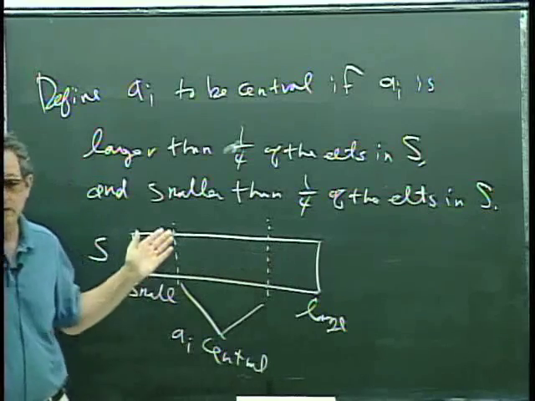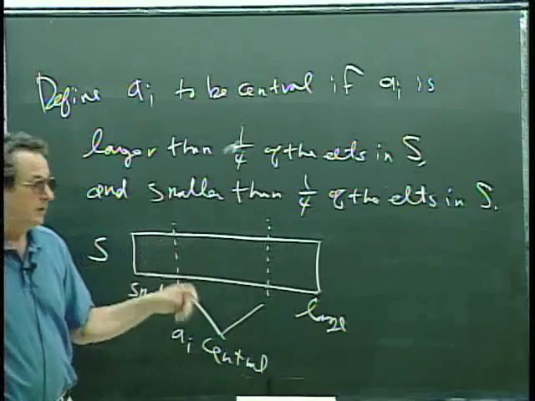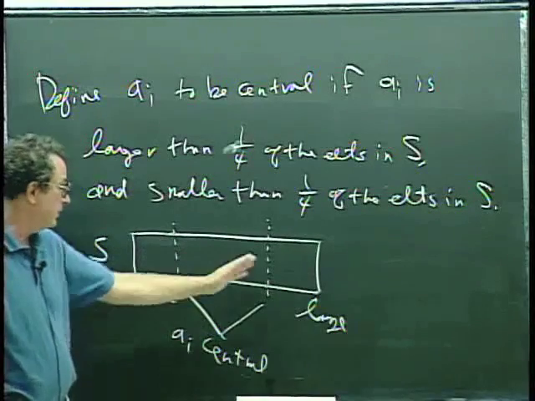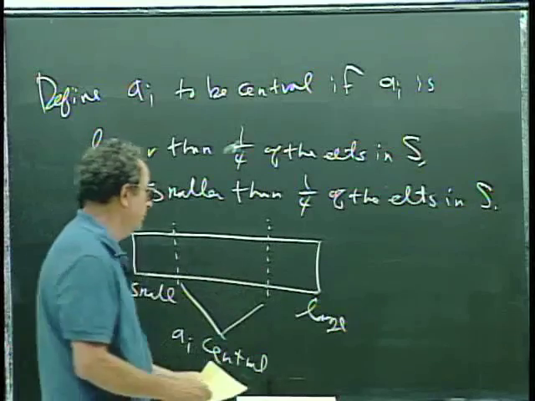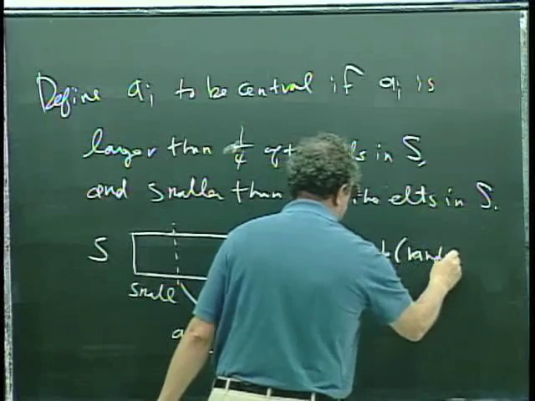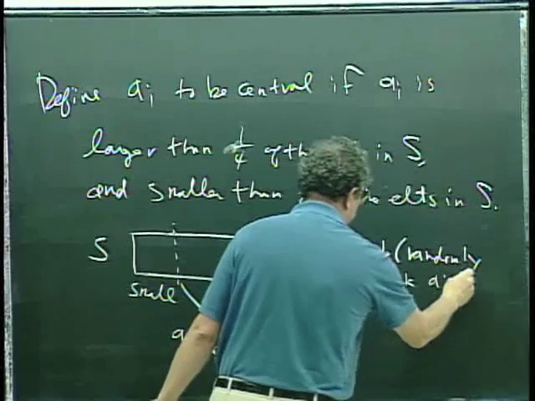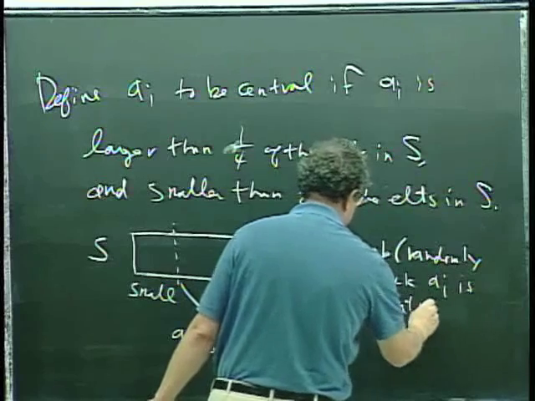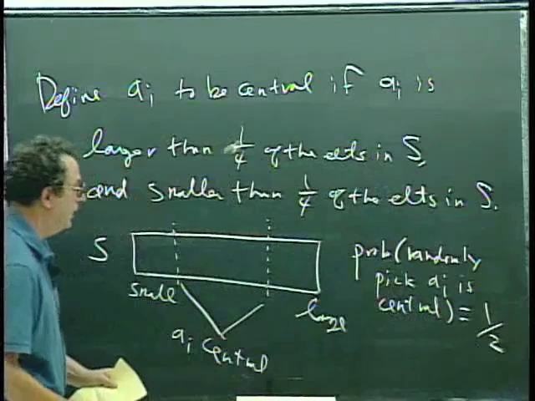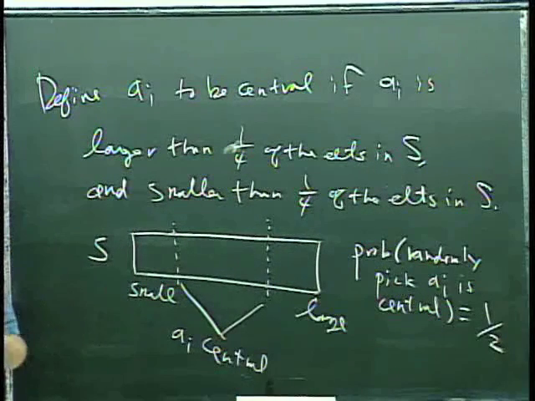Since we're picking AI randomly, which means every choice is equally likely, the probability that a randomly picked splitter is central is a half.